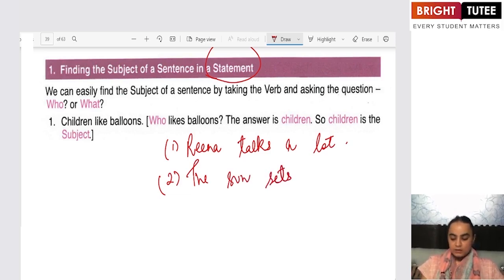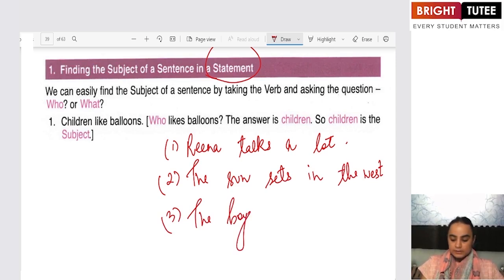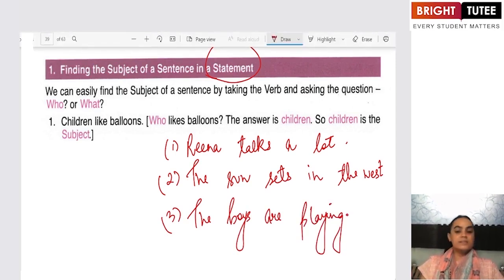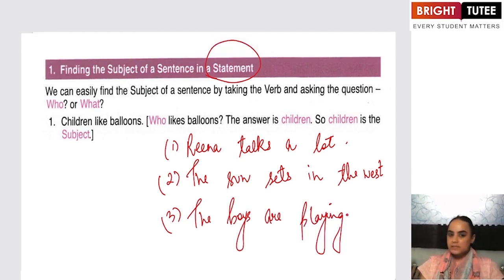The sun sets in the west. The boys are playing. So these are all what? These are your statements. These are all assertive sentences, declarative sentences.